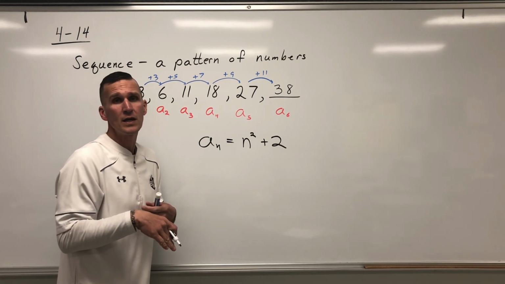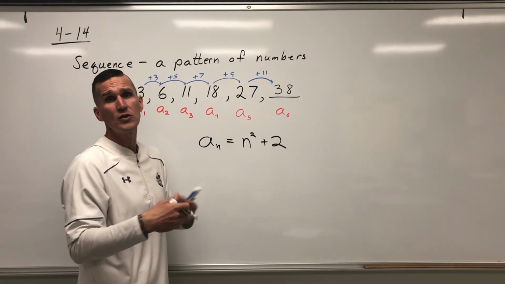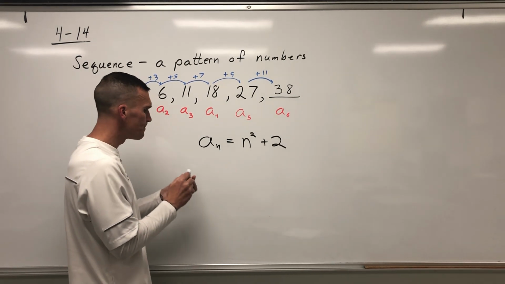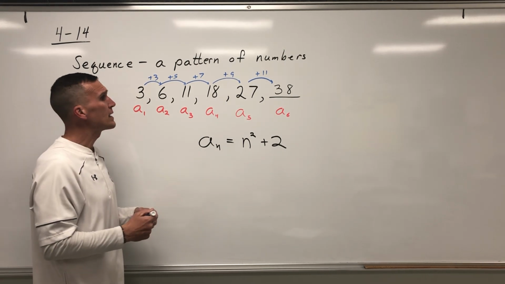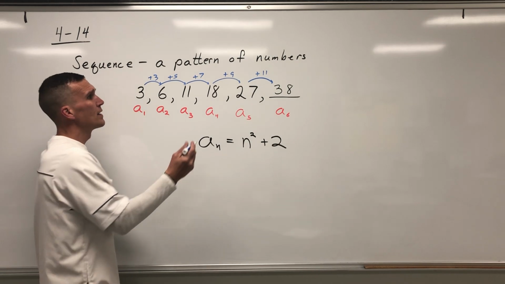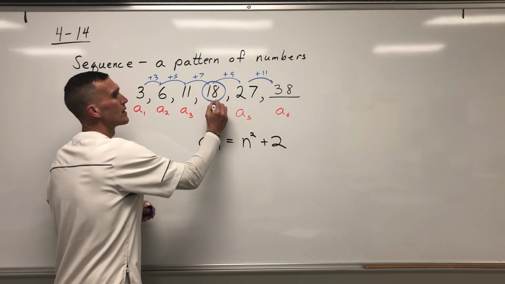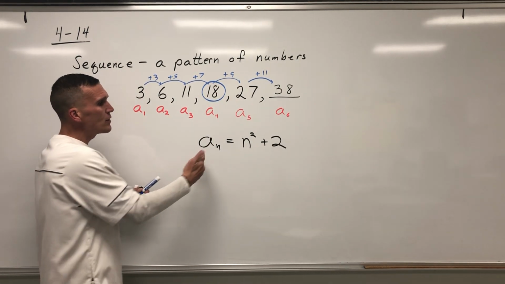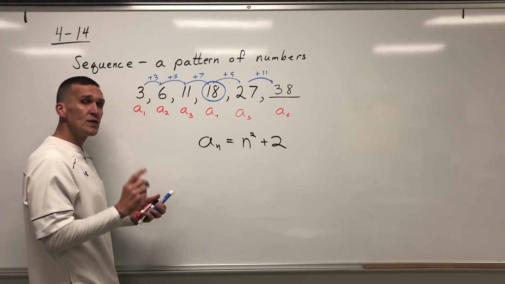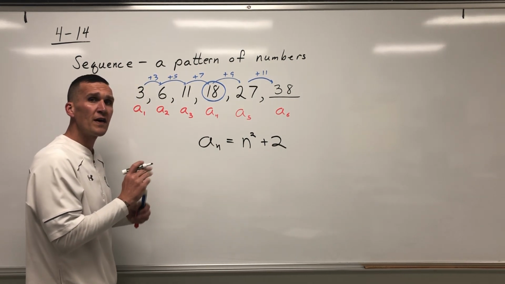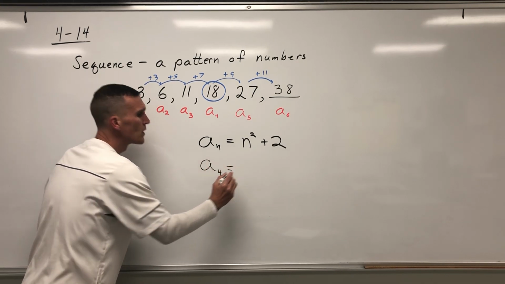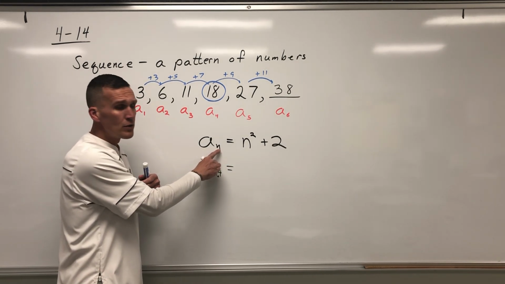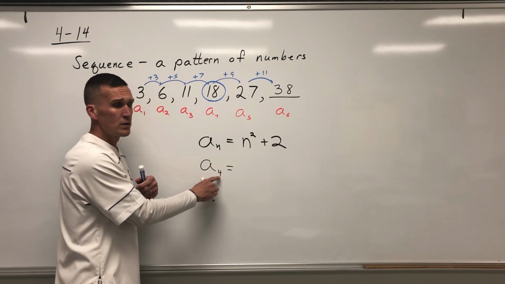Now, I knew that equation because I set up the equation before I actually set up the sequence. So I can prove to you that it will work for any of them. Let's just pick the fourth term. If I wanted to find the fourth term using correct notation, I would do a sub 4. But all that means is the variable will get replaced with 4.